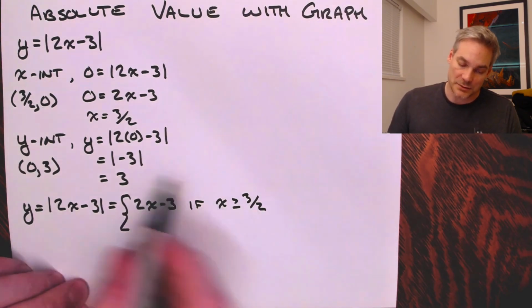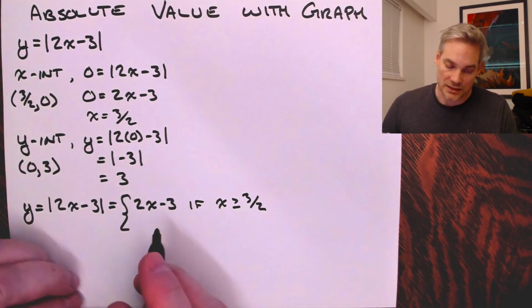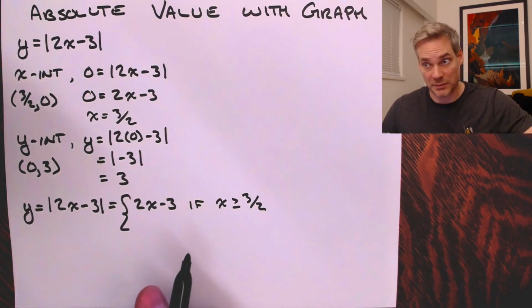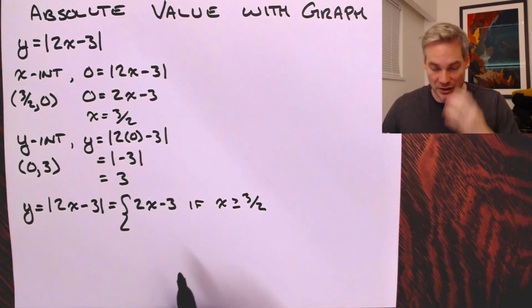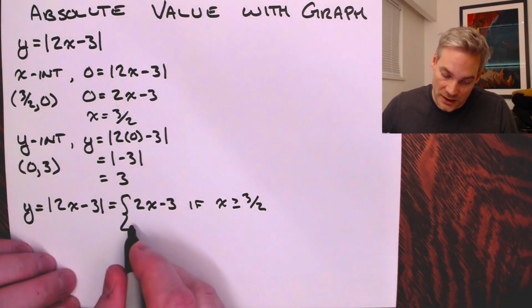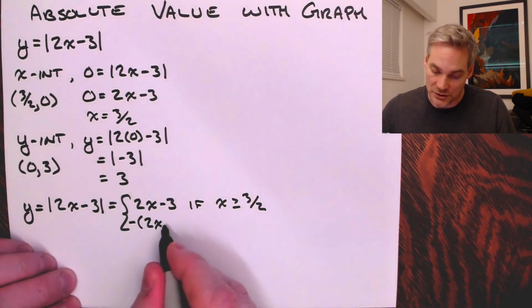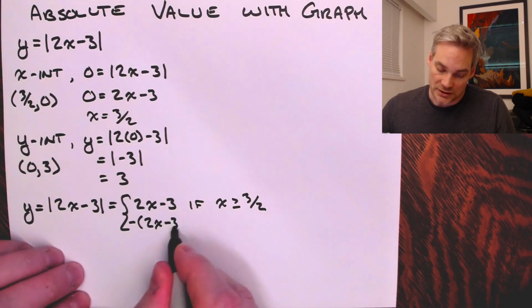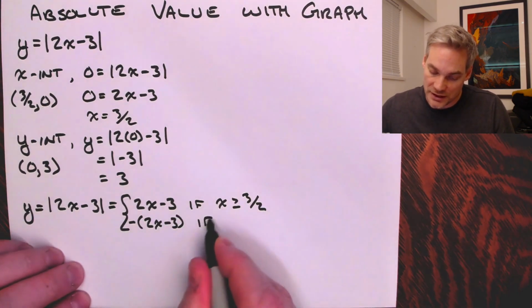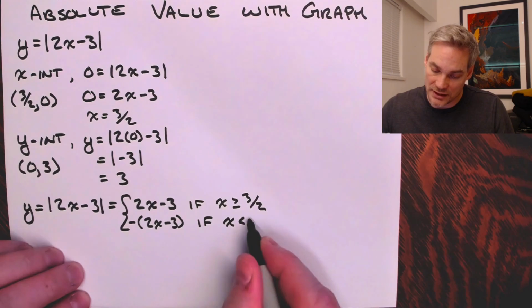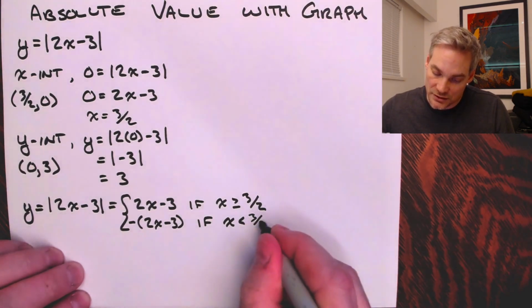And I got that number because of my x-intercept. The x-intercept is when y is 0, and my outputs all have to be positive, so they all have to be positive y's. Or I have the negative version of this, which is negative (2x minus 3), so it's all multiplied by negative, if x is less than 3 over 2.